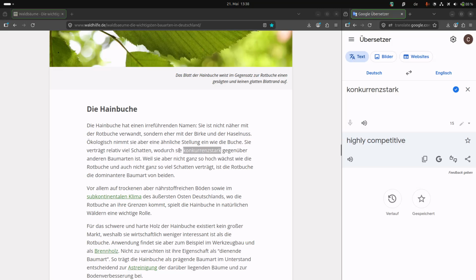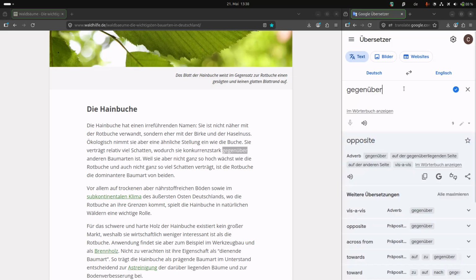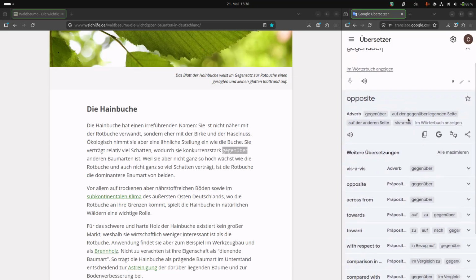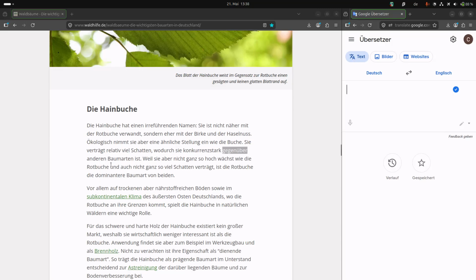Through which she or it, highly competitive, gegenüber, against, over, word by word, but let me just translate that, towards, highly competitive, yeah, rather towards in this case, anderen, different or other, Baumarten, tree species, ist.